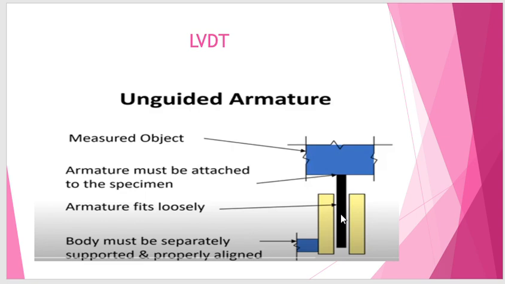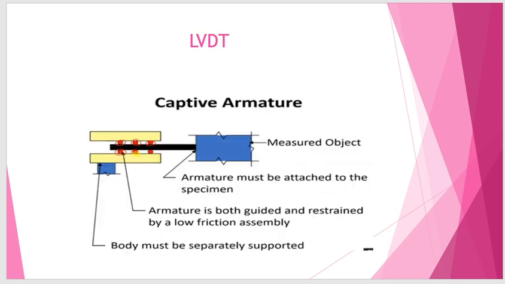That is the unguided armature type. Next, the captive armature type is pretty much the same as the unguided armature. Here you can see that the bearing assembly is connected and inside there are small metal balls that support the armature.